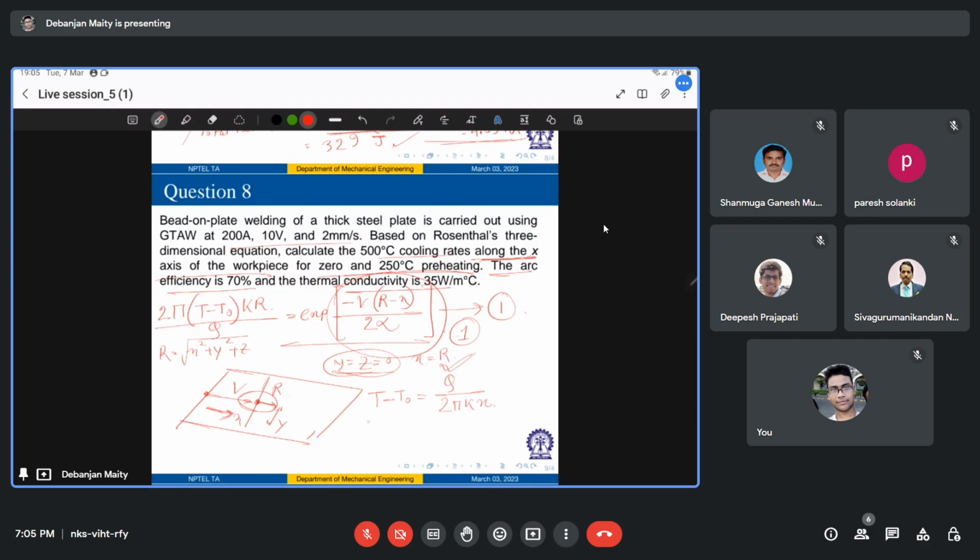So let us start from this equation. Along the x-axis, T minus T naught will be q by 2 pi kx.